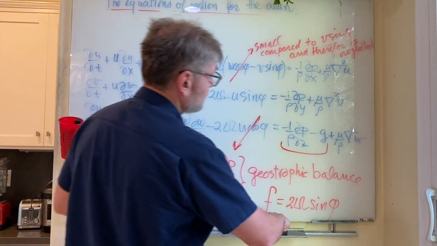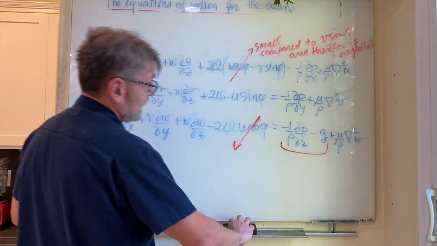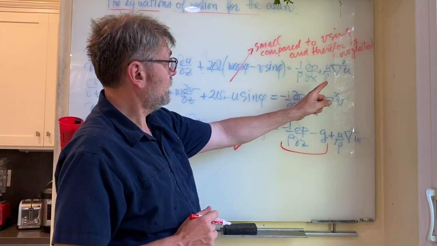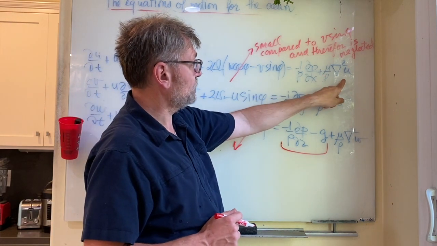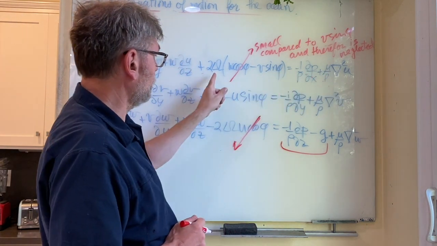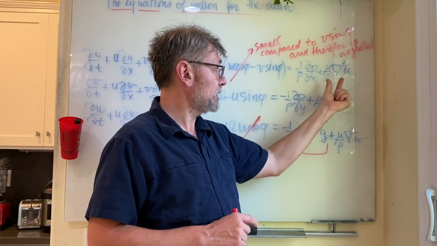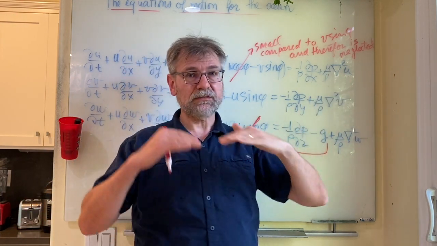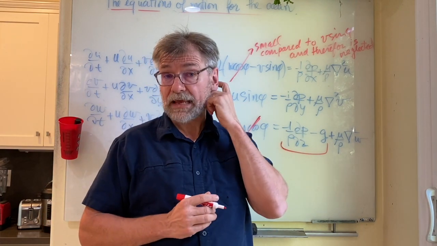Other balances we have in the equation, we're going to see later, is a balance between the Coriolis and the viscous stress. So if we include the Coriolis force and the viscous stress near the surface, and we make sure that the viscous stress matches the stress implied at the surface from the wind, then we will get what's called an Ekman balance.